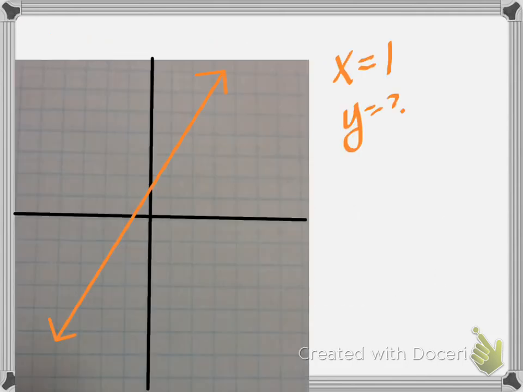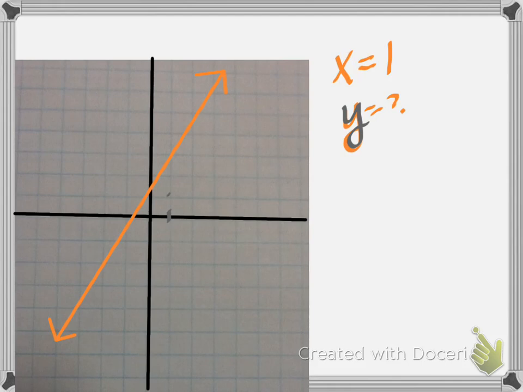Sometimes, now this is the really fun part, you're going to be given a graph, a line, and you're going to be told what's the value of y when x is 1. In order to figure that out, let's find x is 1. X is 1 would be right here. So when x is 1, how far do we rise or fall to get to y?